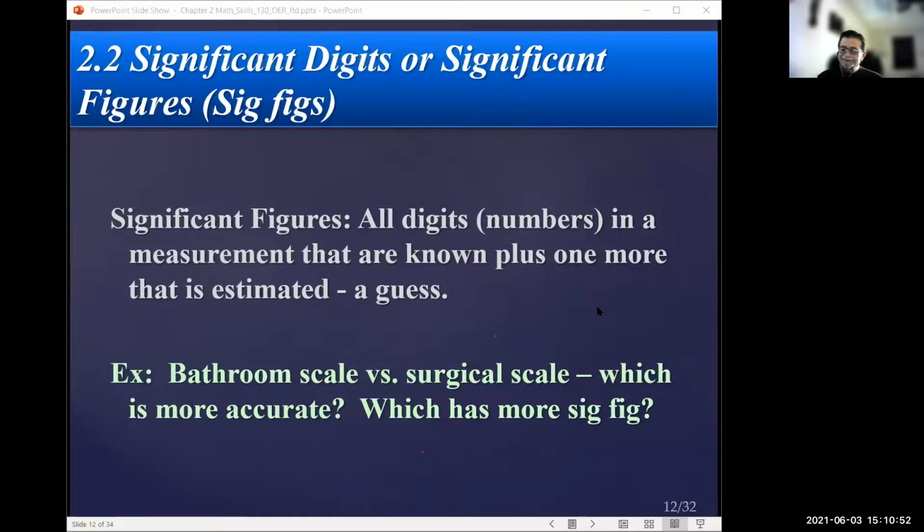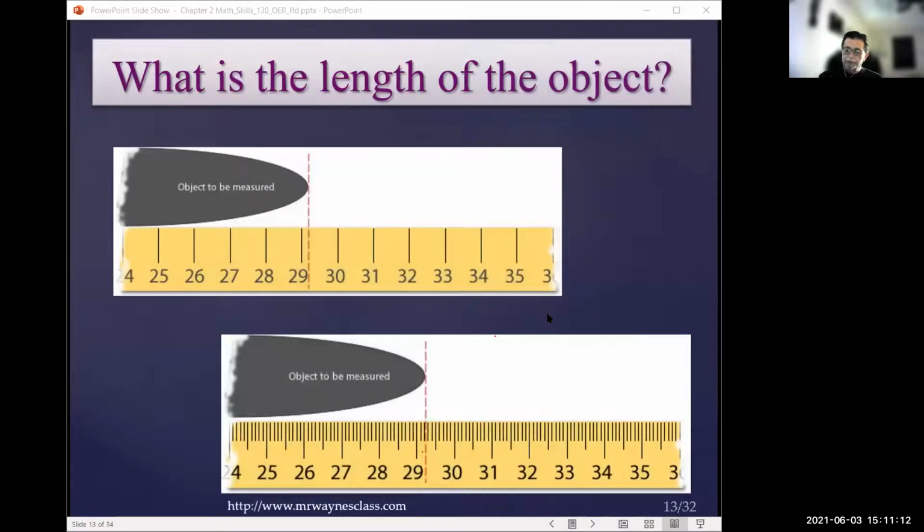We have all the digits in the measurement, plus or minus whatever, depends on how many decimal places we read. Okay, and we know that a bathroom scale versus a surgical scale, the surgical scale is going to be a lot more accurate. Therefore we have more significant digits because of the accuracy, as we did earlier with the ruler here.